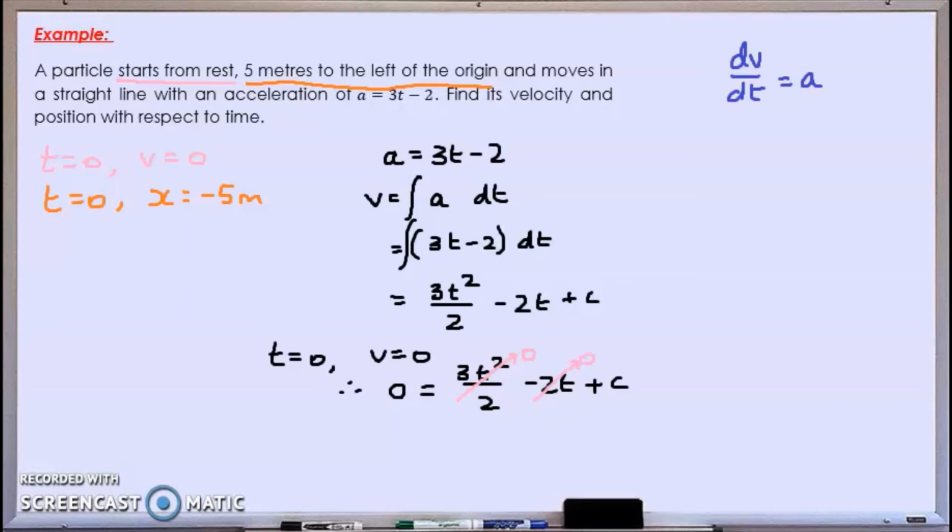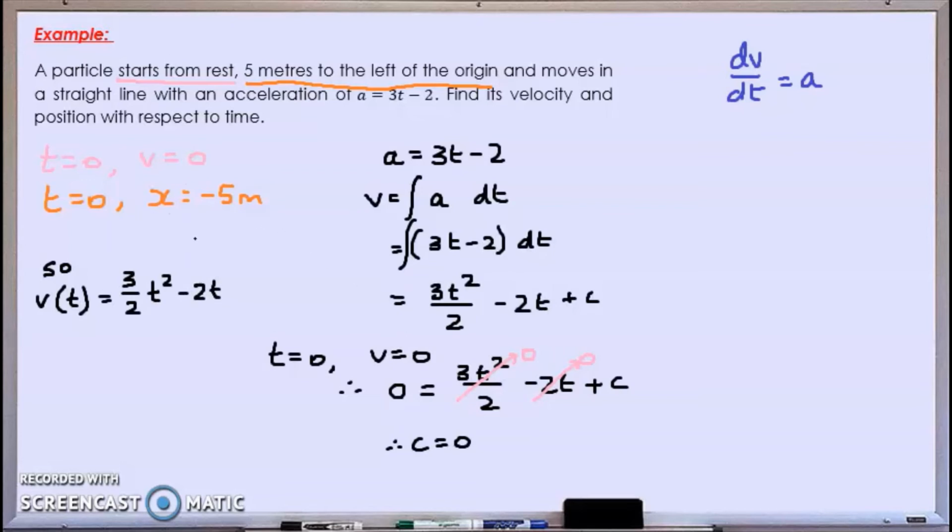And therefore my constant c equals 0. So that means the equation for velocity will be this equation here, with a 0. So I'll write that down here. So velocity with respect to time equals 3 over 2 t squared minus 2t plus 0. So I'll leave that out.